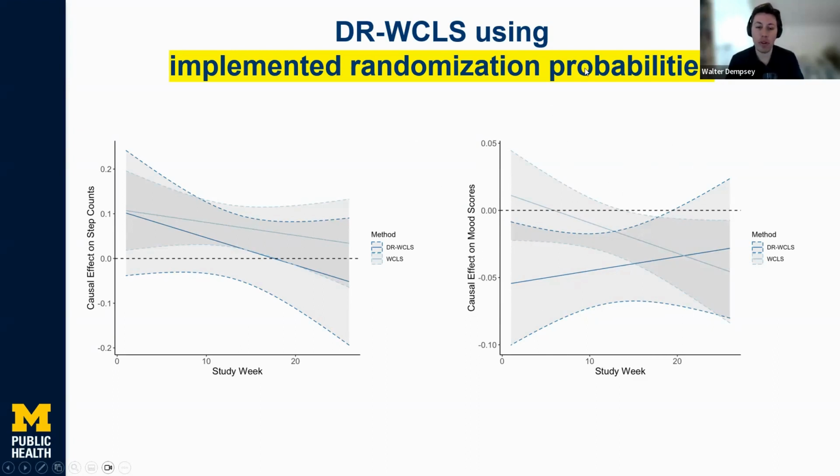Once we account for both the randomization probability issue and the missing data, it turned out that it wasn't that the mood intervention was ineffective; it actually lowered mood overall. If you sent a mood intervention, you had a negative effect on mood early on, which is the direction we didn't want to see. We actually were harming mood by sending mood interventions.